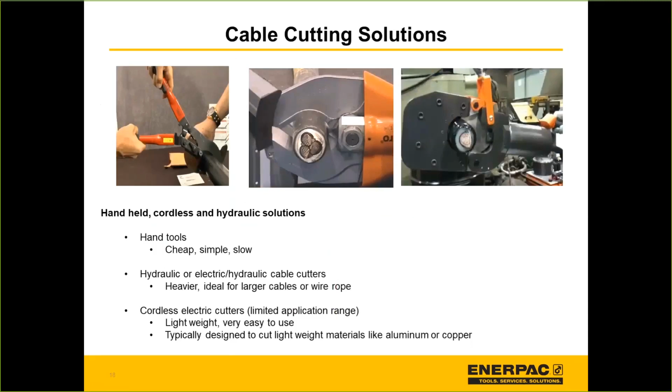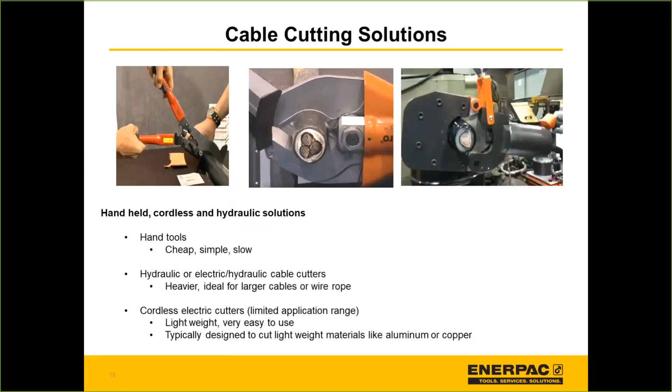How are these done today? It really depends on what's being cut and the size of what's being cut. So when we're talking about smaller electric cables, we often see there are a lot of hand tools out there in the market, specifically when we're talking about, say, smaller than a 1/4 inch, 3/8, or even up to a 1/2 inch.